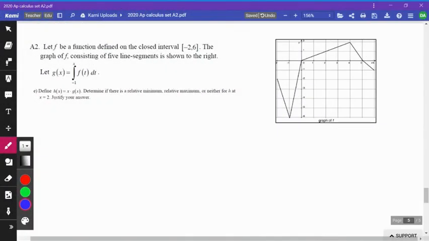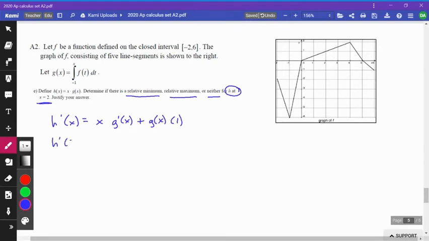And here it is, part E. I want to determine if there is a relative min, relative max, or neither for h at x equals 2. Well, first we've got to see what's happening at x equals 2, so let's take a derivative. H prime of x is going to equal first derivative of the second plus second derivative of the first, which is going to be 1.